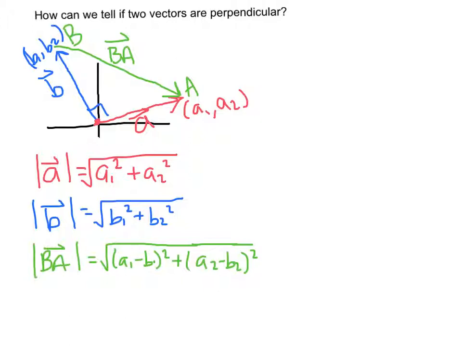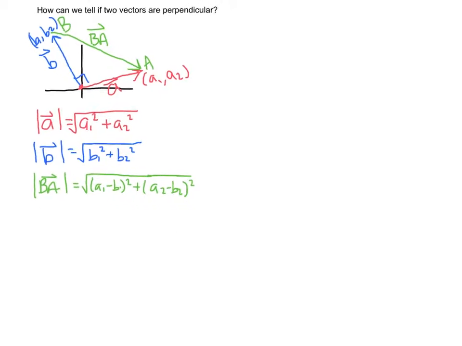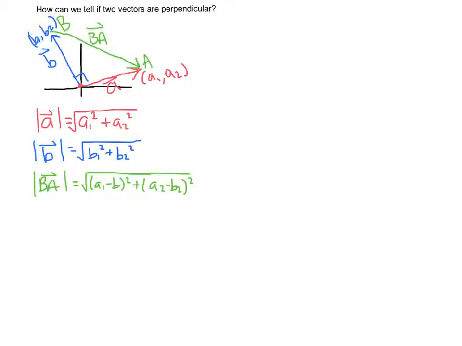I'm going to shrink this just a little bit so I can fit stuff on here, and I'm going to use the Pythagorean theorem and plug this stuff in. It's going to be A squared plus B squared equals C squared.